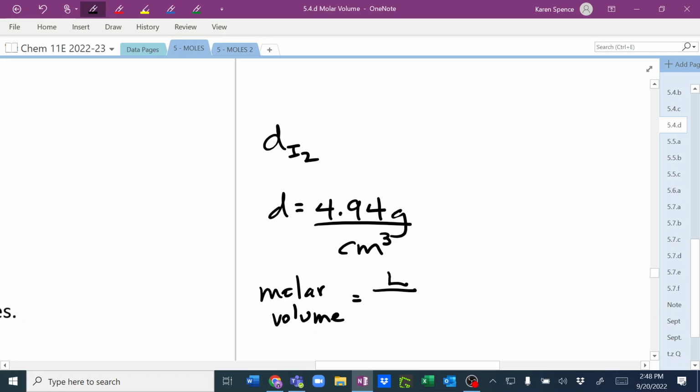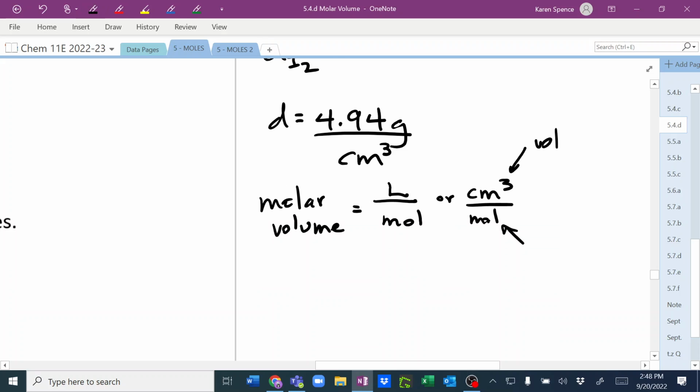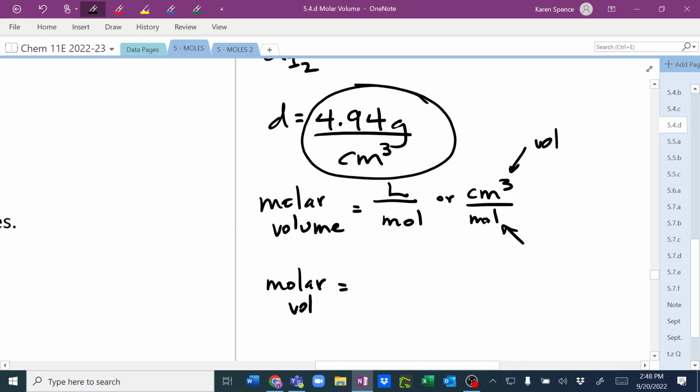Liters per mole, or because iodine is a solid at room temperature, we could also say centimeters cubed per mole, and that would be fine because you have a volume unit and a mole unit. So what I would do is write molar volume, and start with this number, but write it upside down, because I want my centimeters cubed on the top.